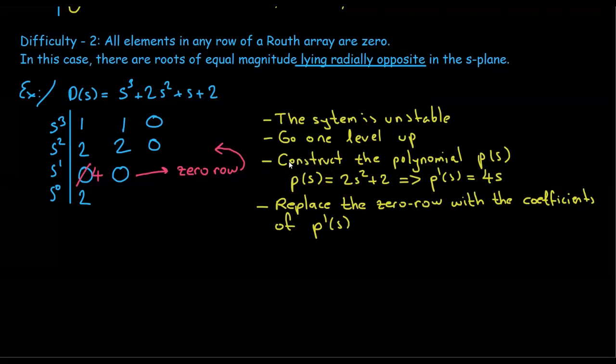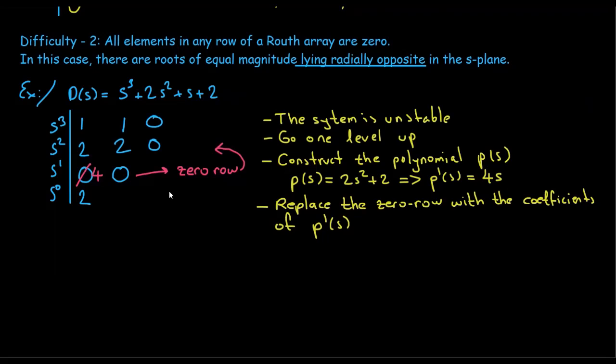If our purpose was only to check the stability, the moment we encounter the zero row, we can conclude that the system is unstable. But if we would like to find the number of poles with positive real parts, we will check the first column of the array here. We trace the terms from top to bottom. So 1, 2, 4, 2 are all positive numbers.